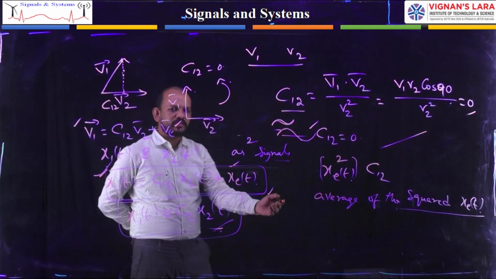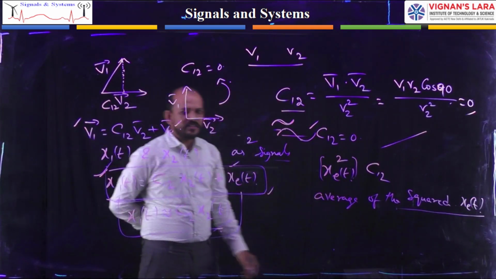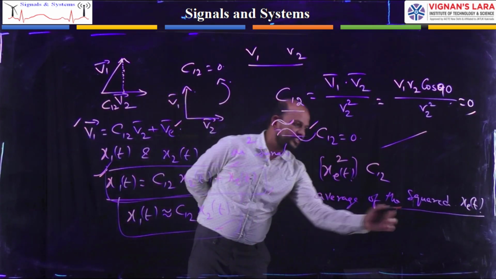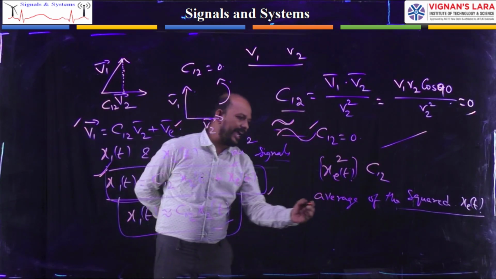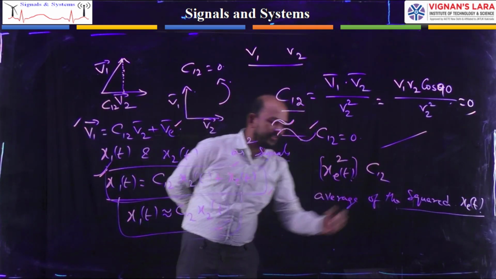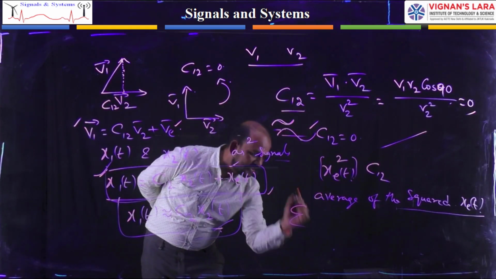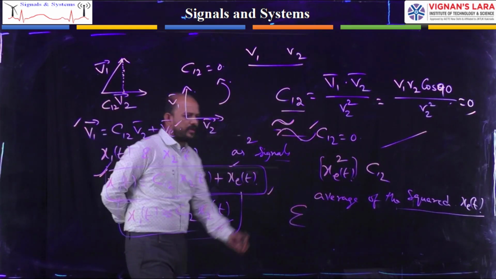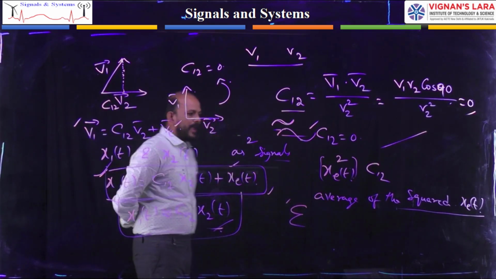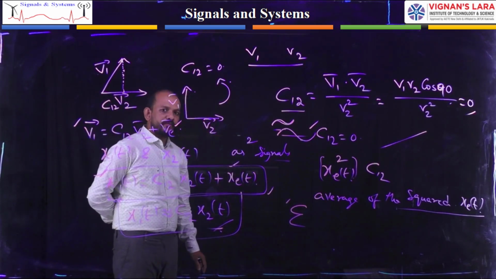Average is also called the mean square value. I am representing the average of the squared value of xe of t like this. You can represent it with any letter.